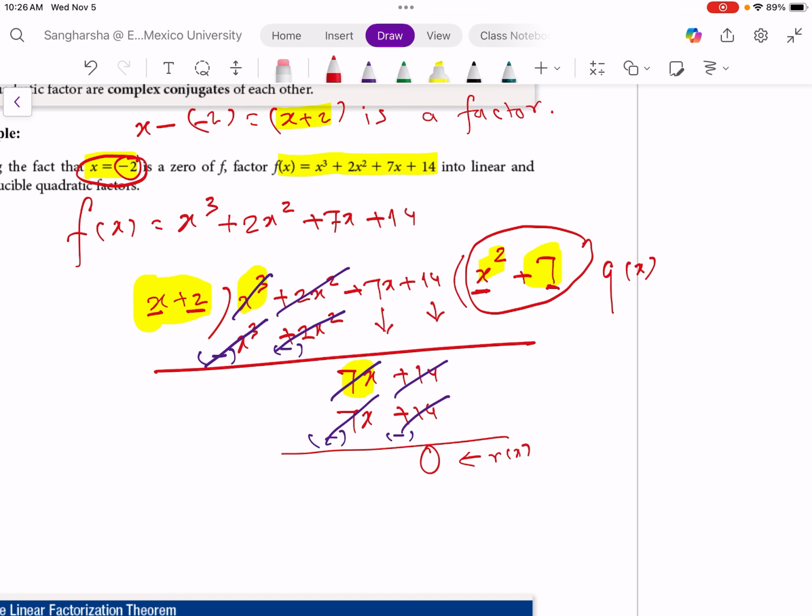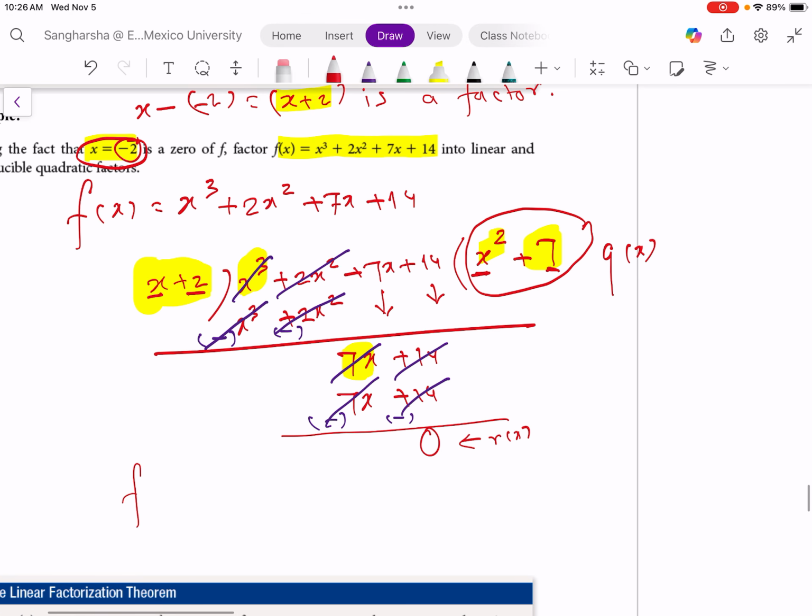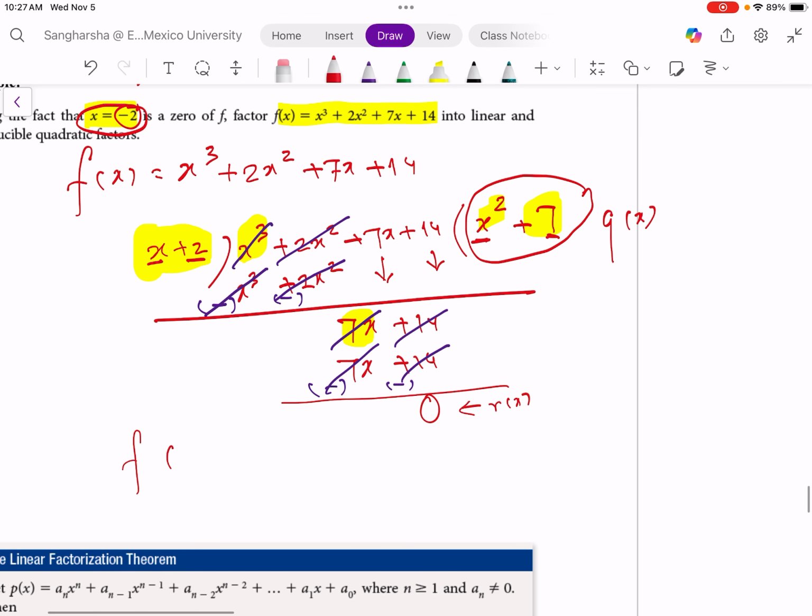So our function f of x is the divisor times the quotient: the divisor is x plus 2 times the quotient x squared plus 7.